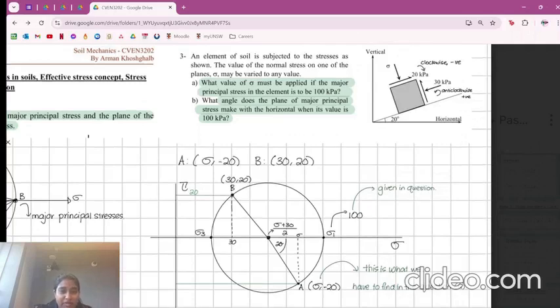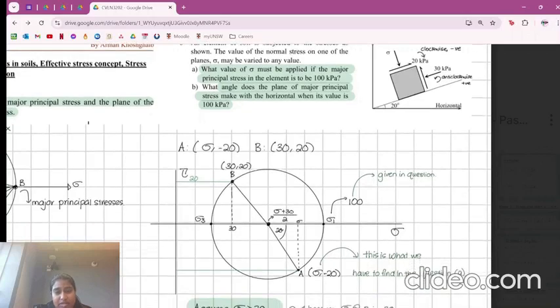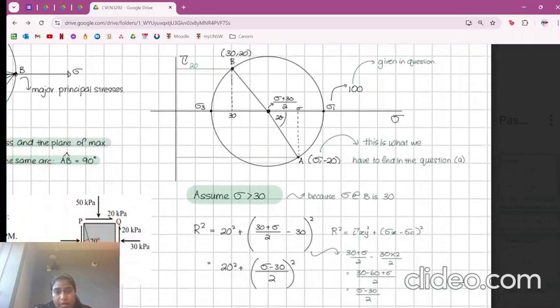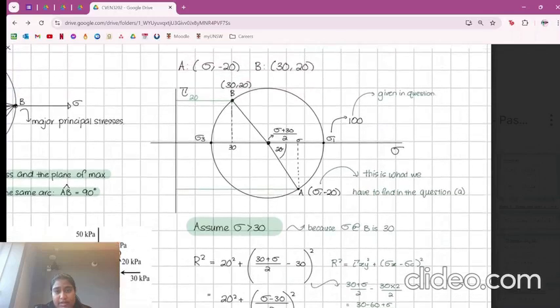And so you can just estimate where that falls on the normal stress axis, and I've just put it there, right? In this question, because we can assume that the maximum principal stress is 100, and also that the normal stress is given to us as 30 kPa on plane B, you can assume that the sigma value that is unknown is going to be greater than 30, right? Okay. So that's how you draw it.